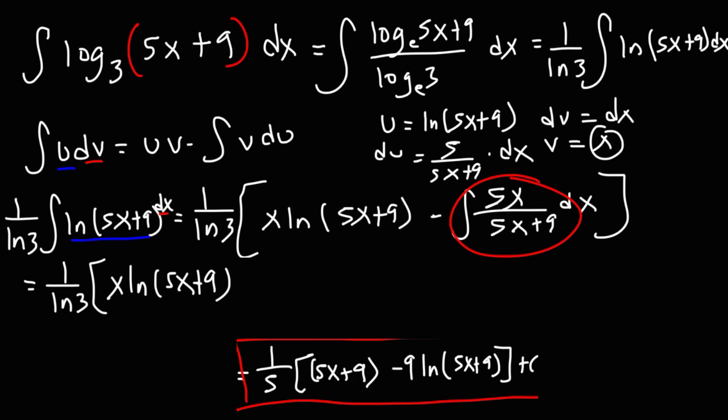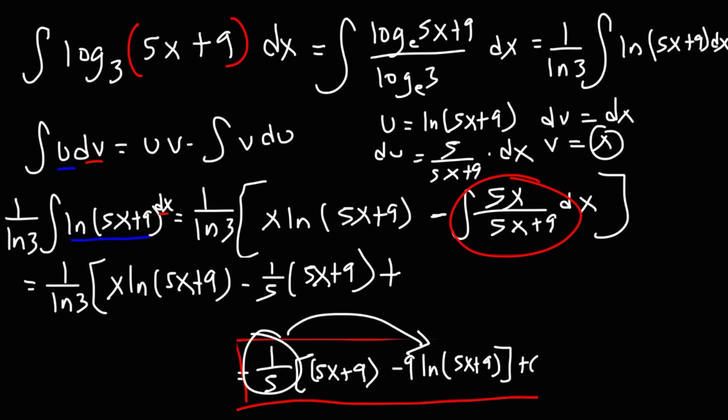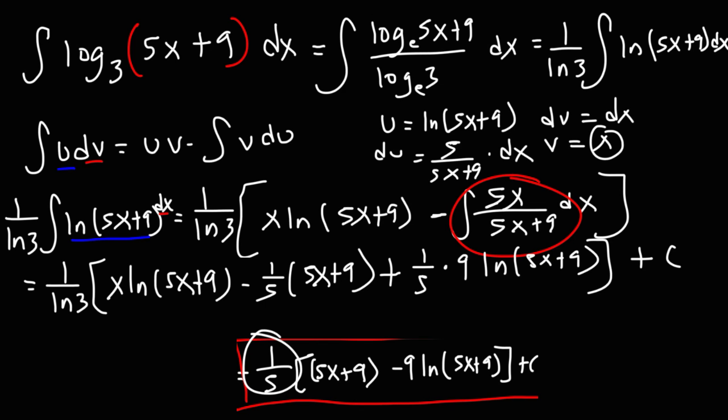And then we have a negative sign, so we got to distribute that. So this is going to be negative 1 over 5 times 5x plus 9. And then here we have two negatives, so it's going to be positive. We still have this 1 over 5, which needs to be distributed to that. So positive 1 over 5 times 9 ln 5x plus 9. And outside of everything, we'll just leave our constant c.